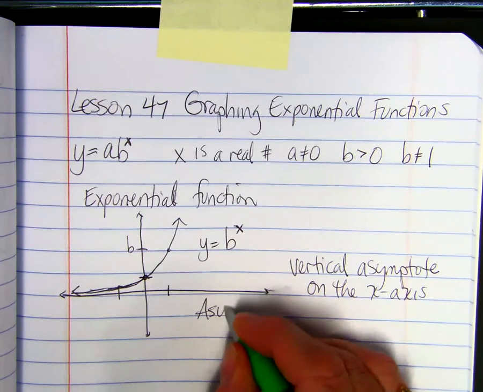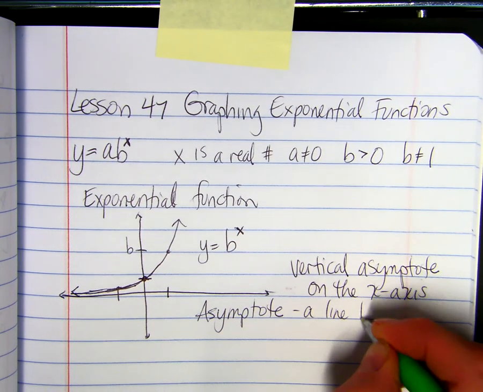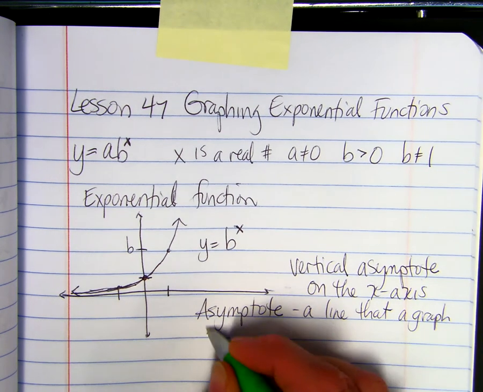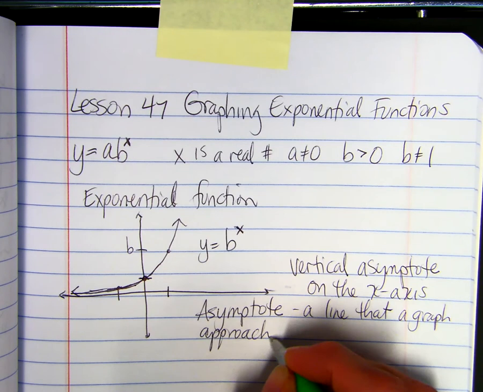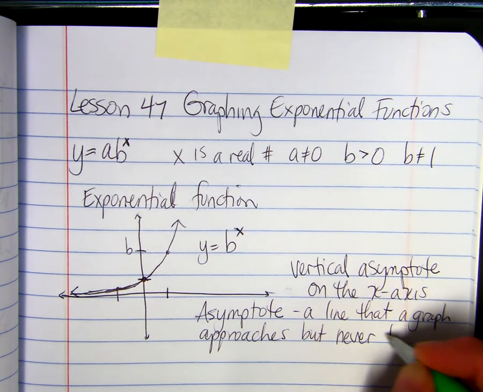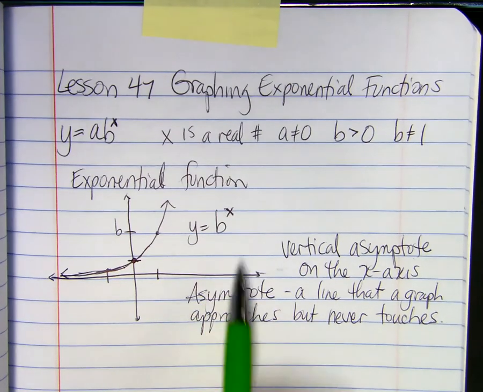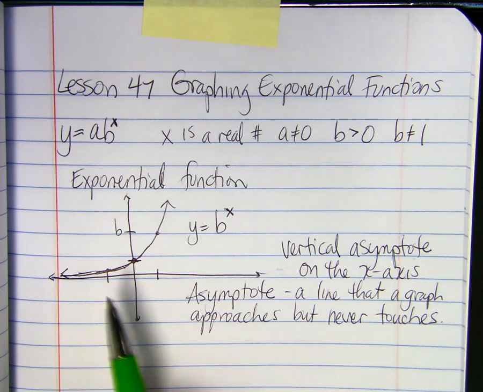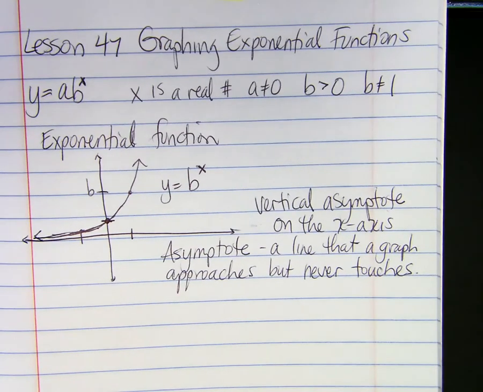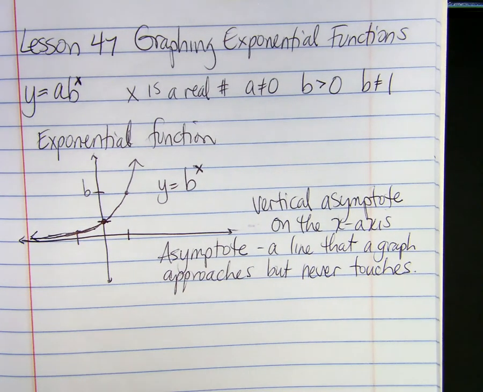And by definition, an asymptote is a line that a graph approaches but never touches. So this graph will continually get closer to the x-axis but never touch it. And that also means it won't cross it.